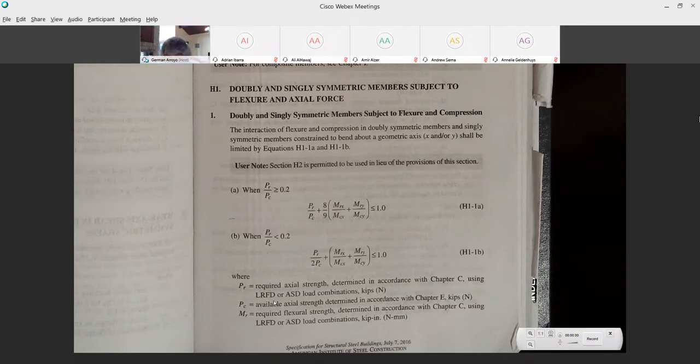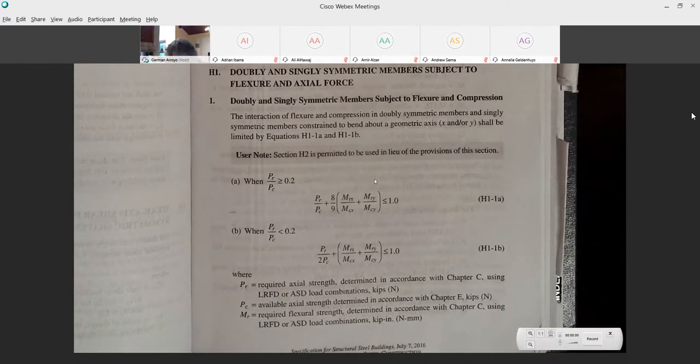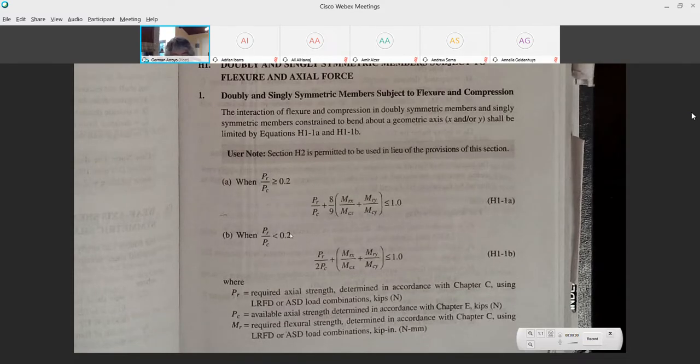And the bending is about the x, or the strong axis, and the y, that is the weak axis. So there are two homework problems that have biaxial bending. So no matter what you do, either equation H1-1a or H1-1b controls.